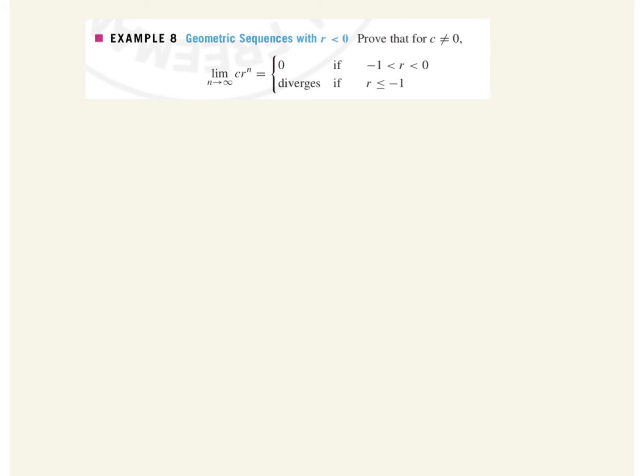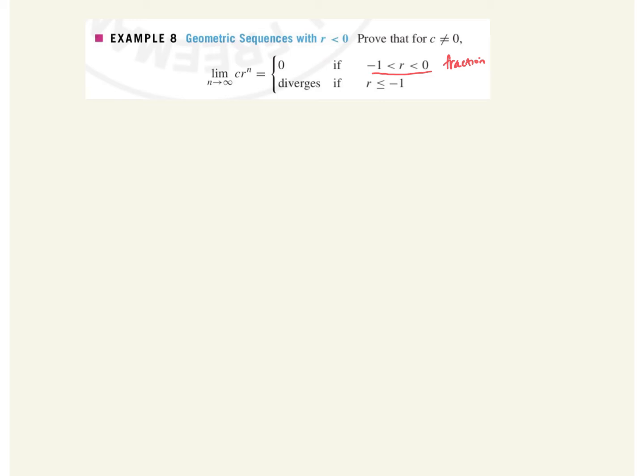So if r, which is a negative value, is between -1 and 0, which still means fraction, right? Then it's going to zero out. And we'll show that with the same exact logic, honestly, because if we have a fraction, whether it's positive or negative, raised to infinity, your denominator grows without bound, and therefore the fraction zeroes out.